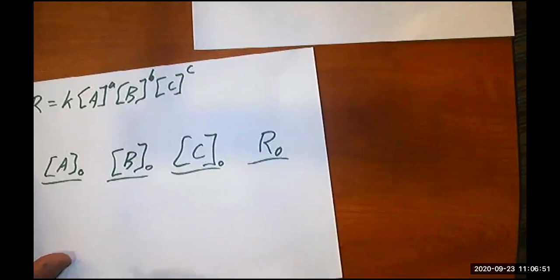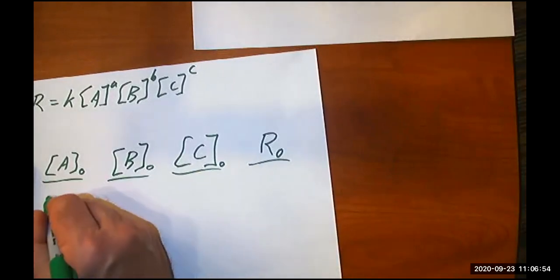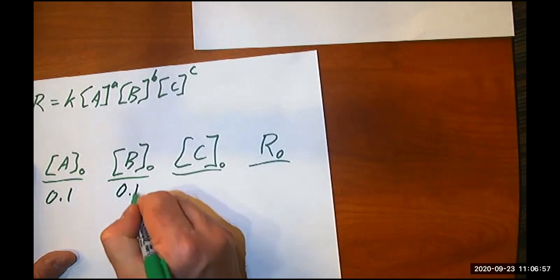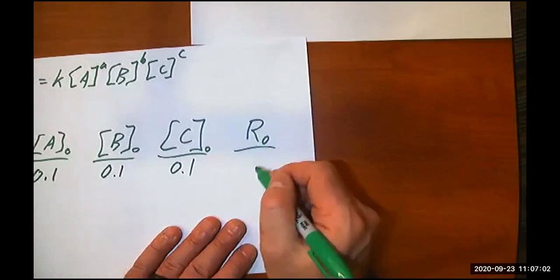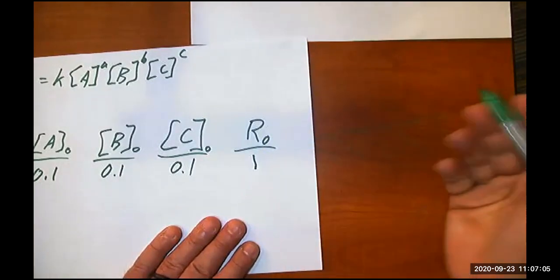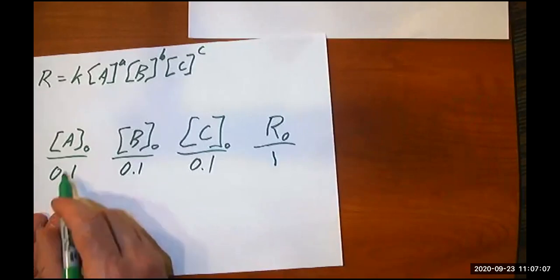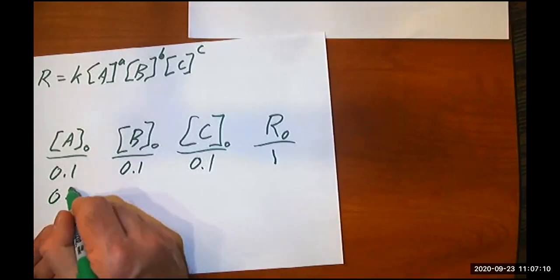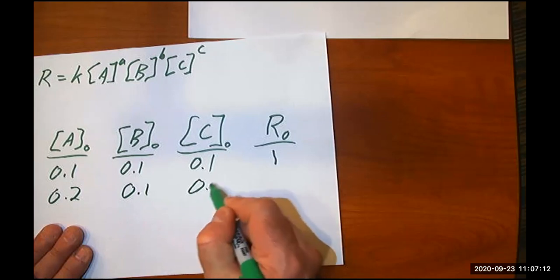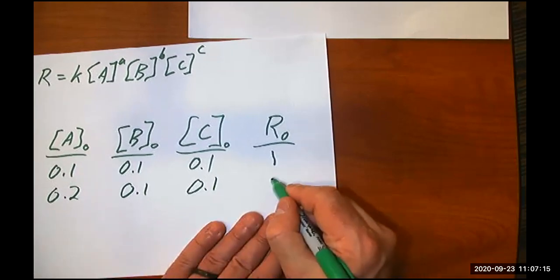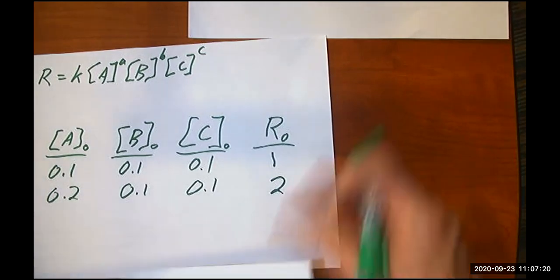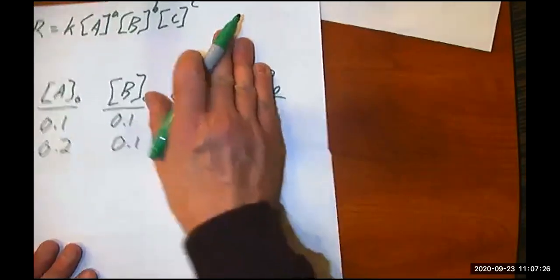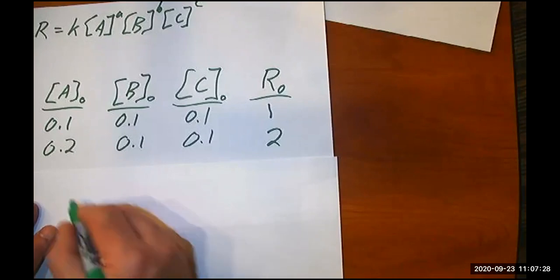So if we start with concentrations of 0.1, 0.1, 0.1, and just for simplicity, let's say we have a rate of 1 in some units. Now we double the amount of A, 0.2, but leave everything else the same, and let's say that ends up doubling the rate. What's going on here is that we can take this expression and ratio it.